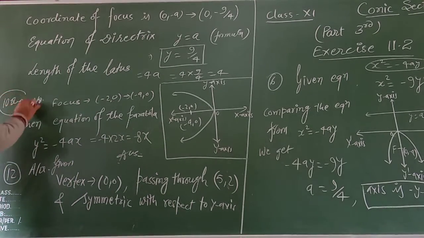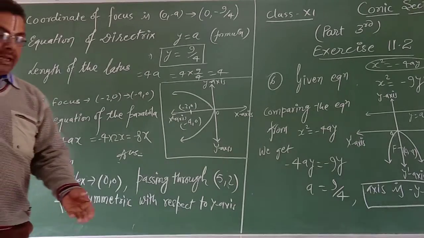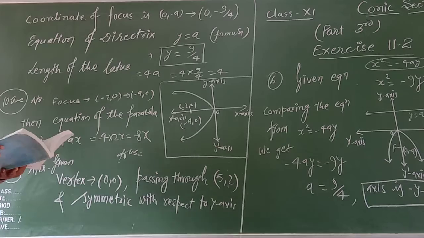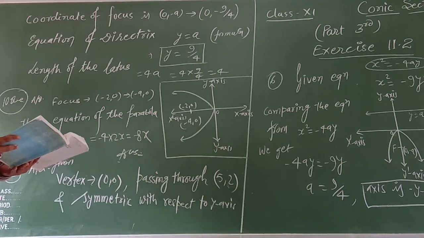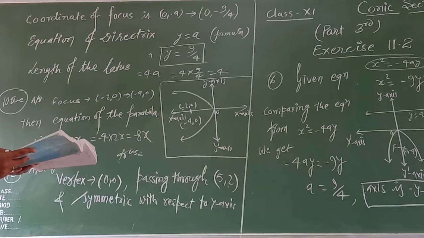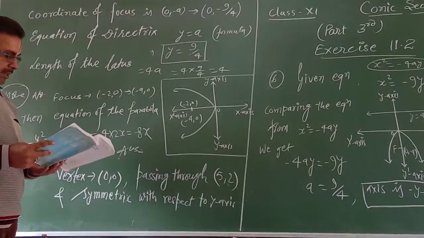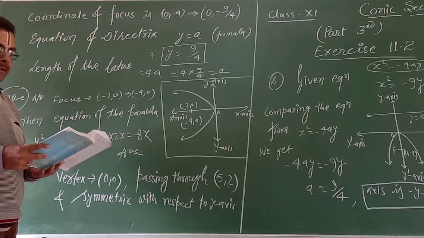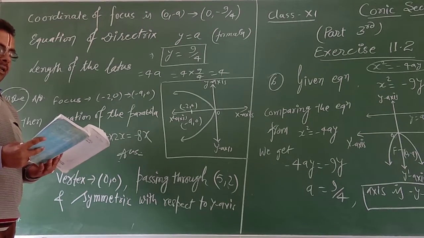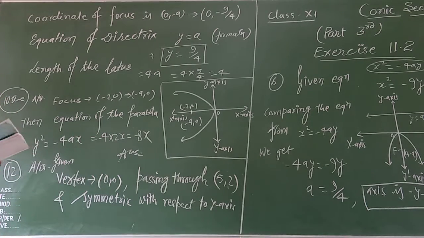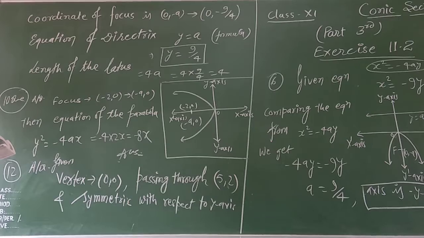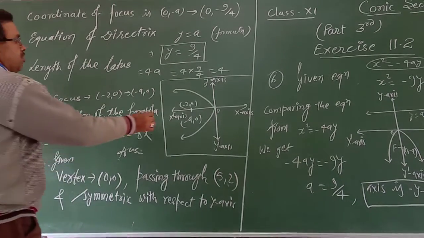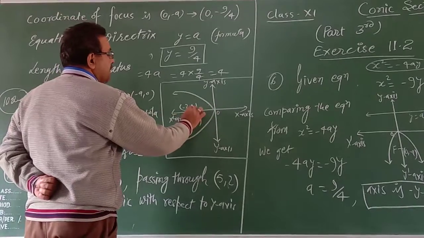Now, next question number 10. Here 7 up to 12, it means we are given, find the equation of the parabola that satisfies the given conditions. Here, in question number 10, we are given vertex 0, 0 and focus minus 2, 0.